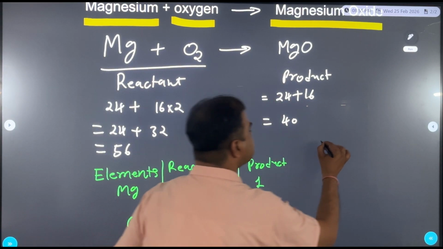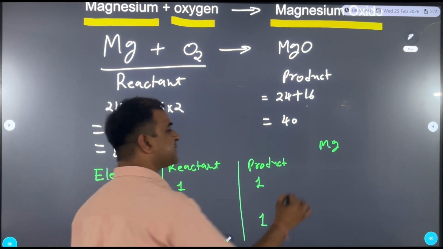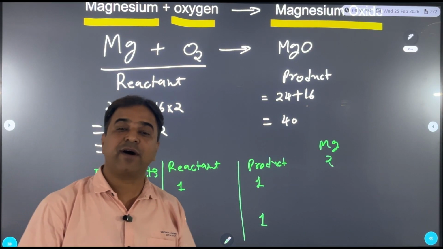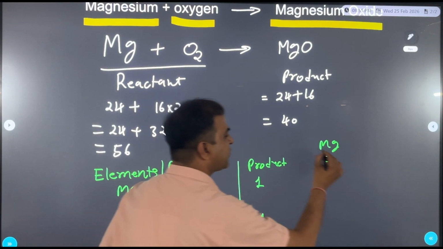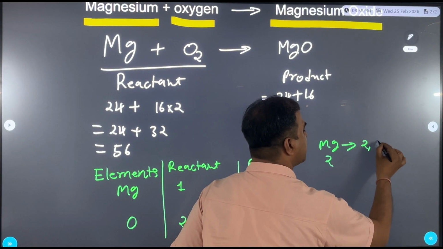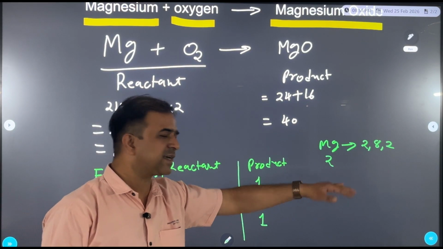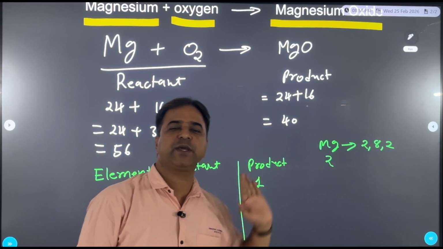Okay? So for magnesium, you are aware its valency is 2. But how can we say its valency is 2? Because its atomic number is 12. So its electronic configuration would be 2, 8, 2. This also we have already discussed in our previous classes, how electronic configuration is prepared.